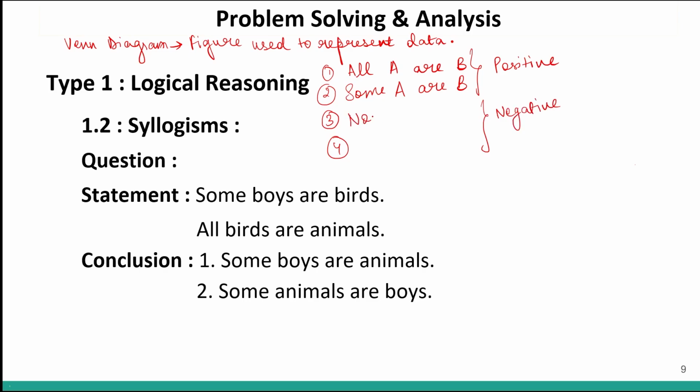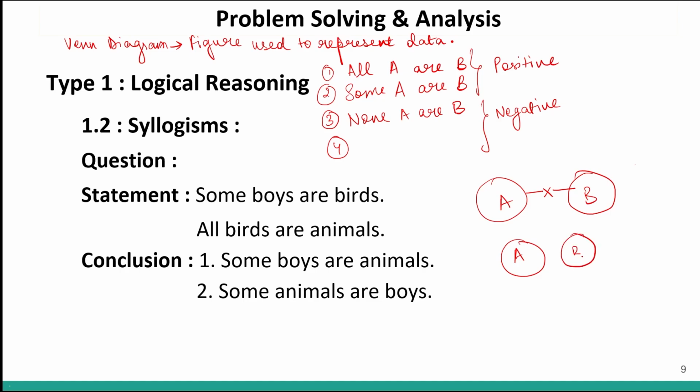If I say that no A are B, or none A are B, that means A and B will not overlap. A is different and B is different. No A and B are the same. So this will be represented with a cross. You can represent it like this or like this, to remember that A and B will not overlap. So this is a negative statement.